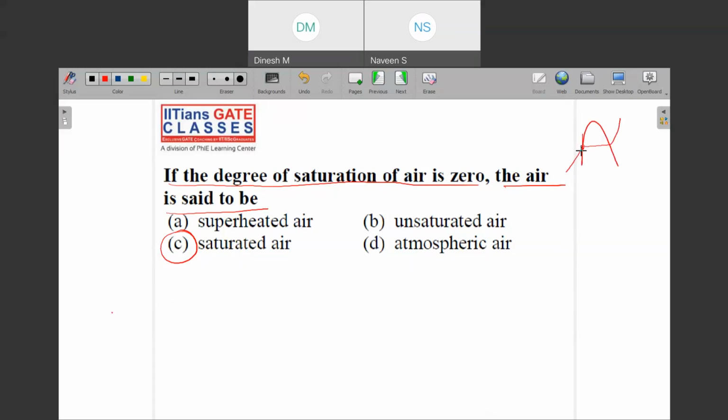If the degree of saturation is 0, that means you are lying here. So what is that condition? This region is subcooled, and this is saturated.